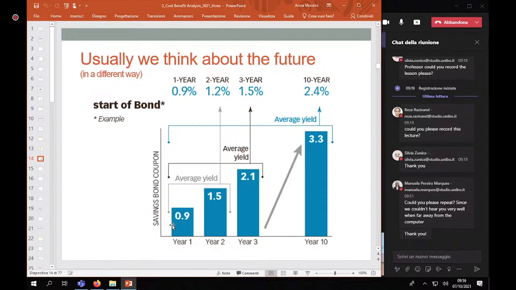Okay? The rationale behind discounting is different, is the opposite. We have to consider a monetary figure in the future, and we want to calculate the present value of the monetary figure for the future because we want to judge the monetary figure with the lens of today.